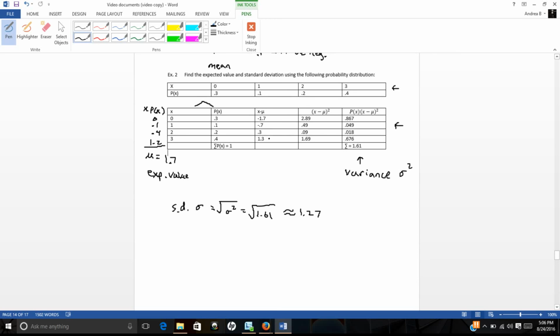Then do your value minus the mean, square those, and then multiply it by the probabilities. Once again, you don't have to necessarily include all of these columns in your work, but you do want to show some sort of work for how you're getting to those answers. That way I know that you're not just plugging into your calculator to get those answers, that you know how to actually calculate those.